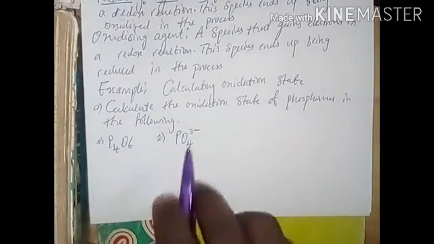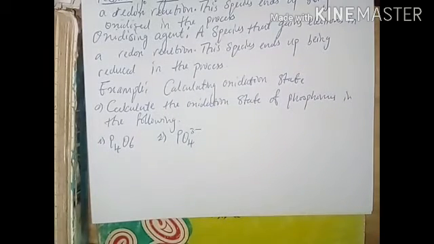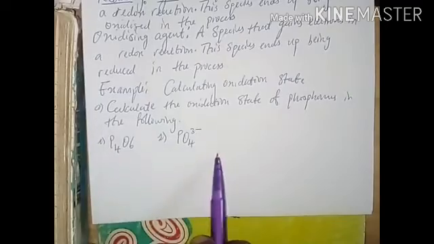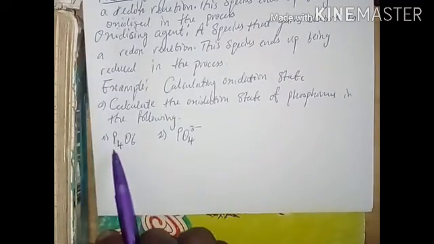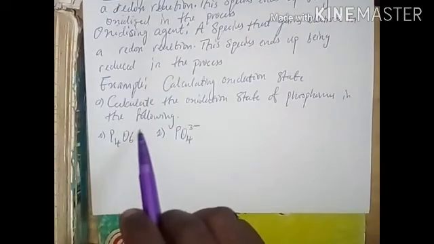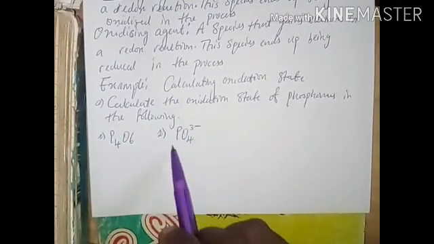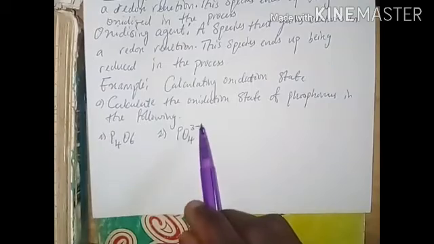We want to calculate the oxidation state of phosphorus. The first thing for us is to let the oxidation state of phosphorus be equal to a particular letter, X or Y, because the sum of the oxidation states of the different species in this compound must be equal to 0, since the overall oxidation state is 0. And for the ion, the sum of oxidation states of the different species must be equal to -3.